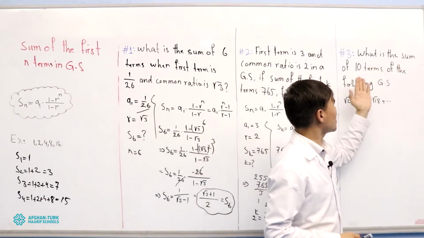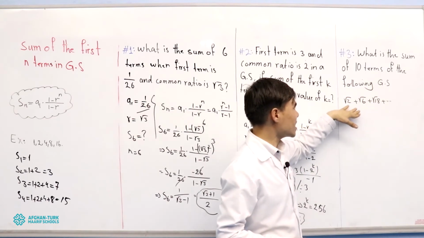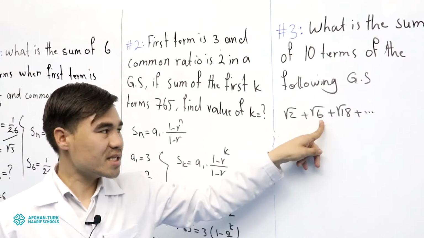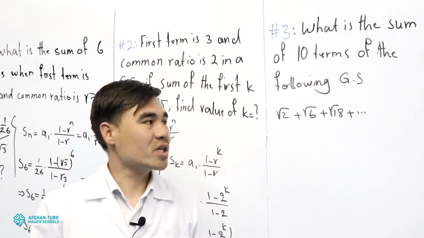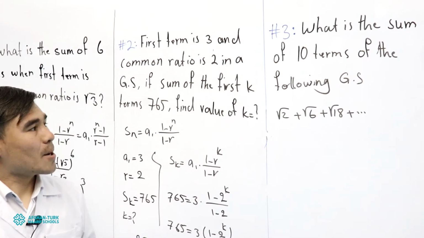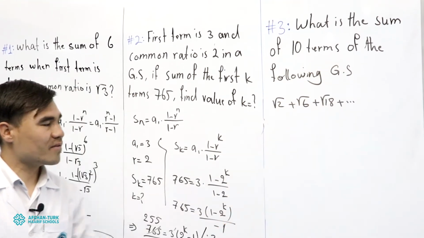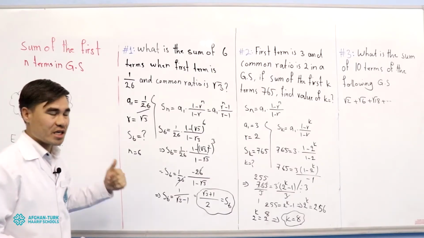What is the sum of 10 terms of the following geometric sequence: square root of 2 plus square root of 6 plus square root of 18 plus, and it goes on. Okay, dear students, to find the sum of the 10 terms we will use the formula from here.